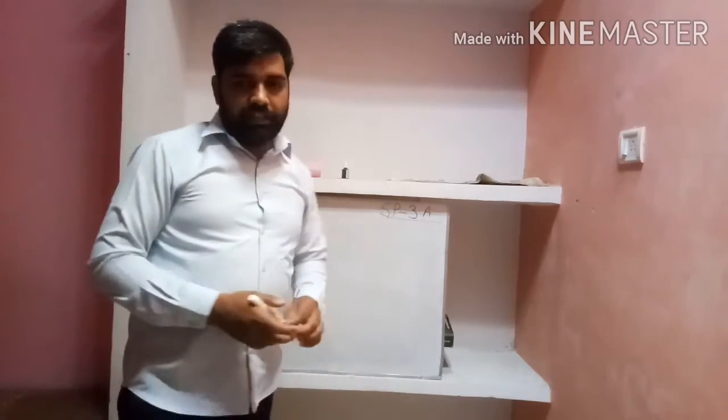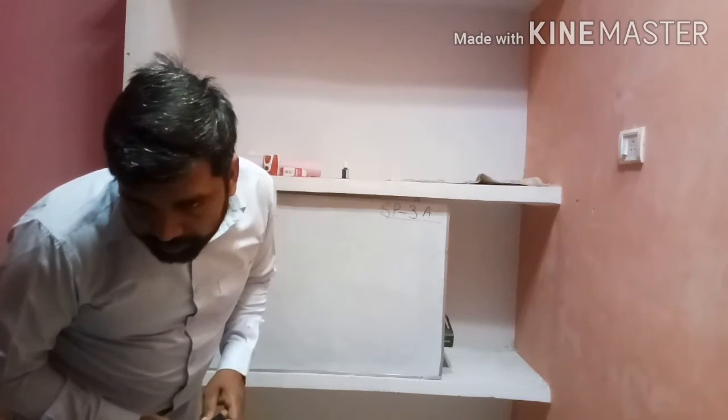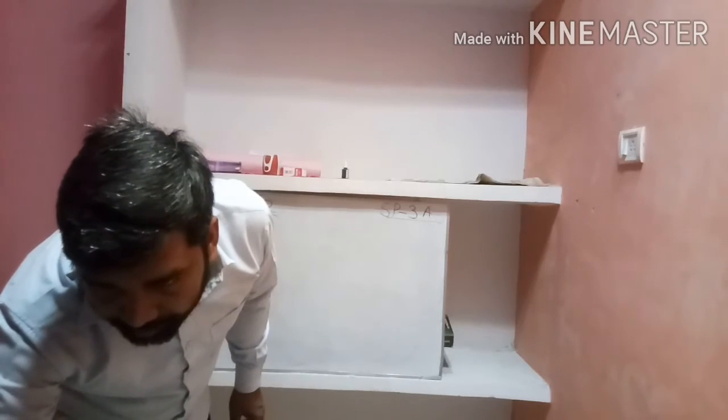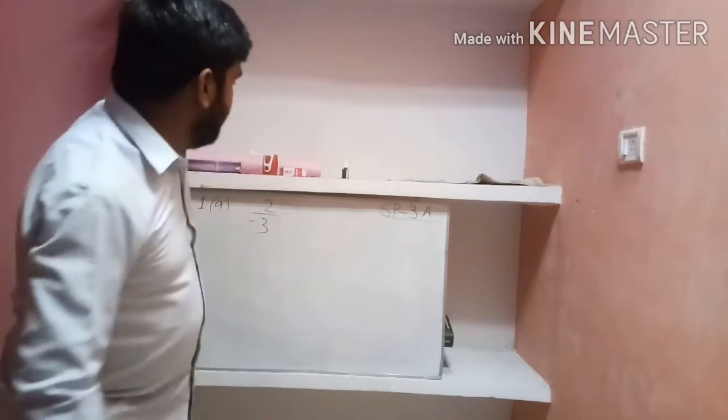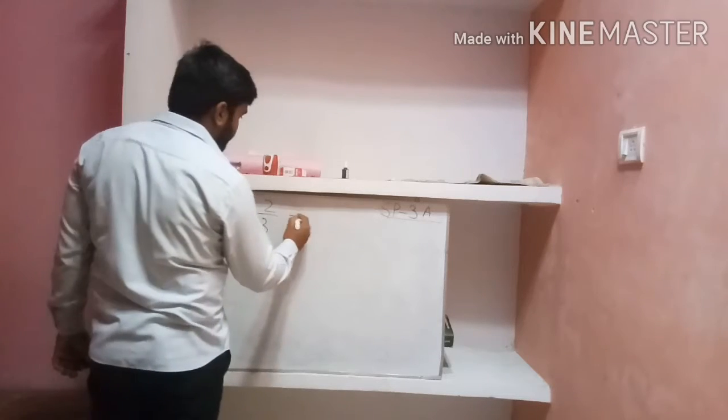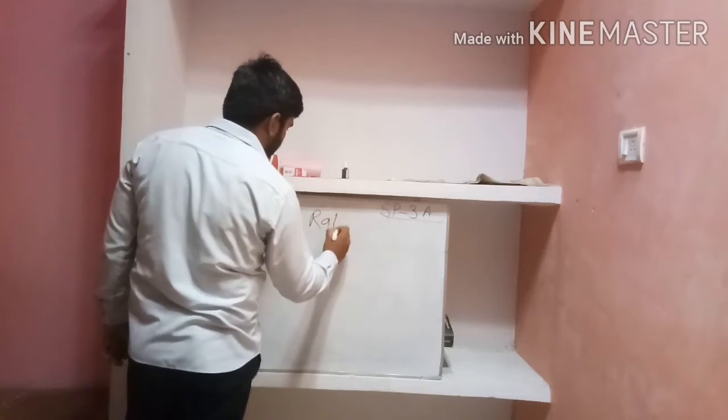It is asked whether it is a rational number or not. So 2 upon minus 3, yes, it is expressed in the form of p by q, and q is not 0, so it is a rational number.